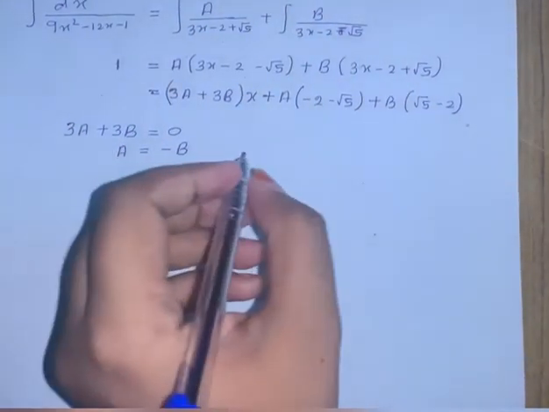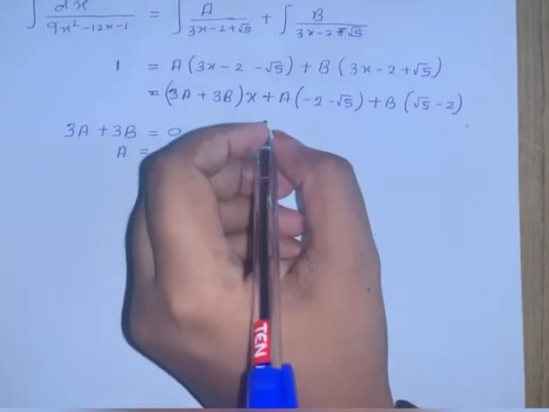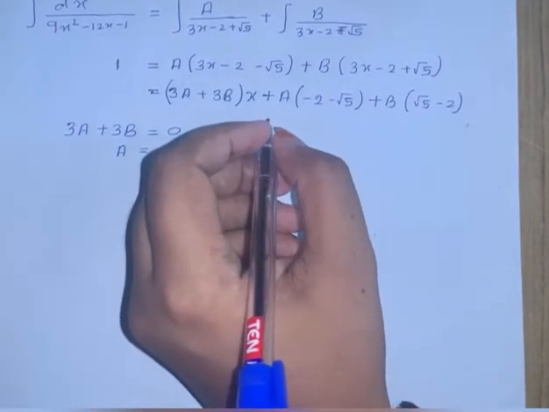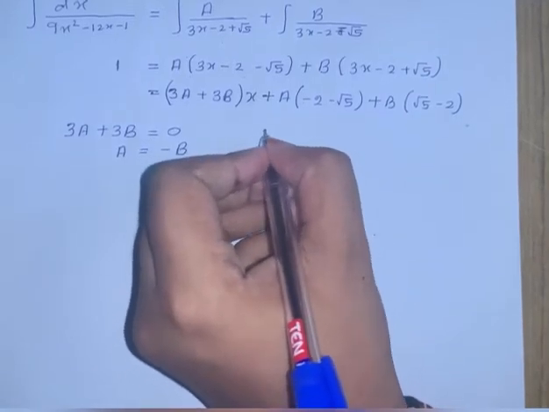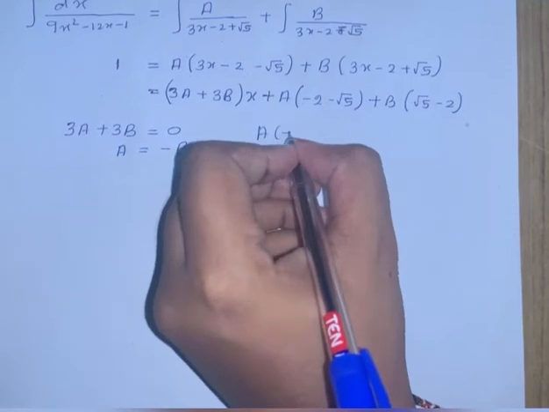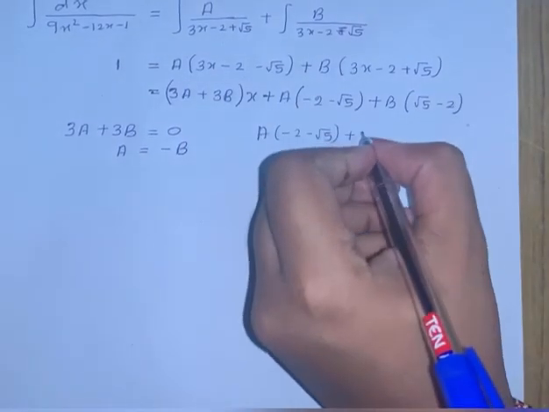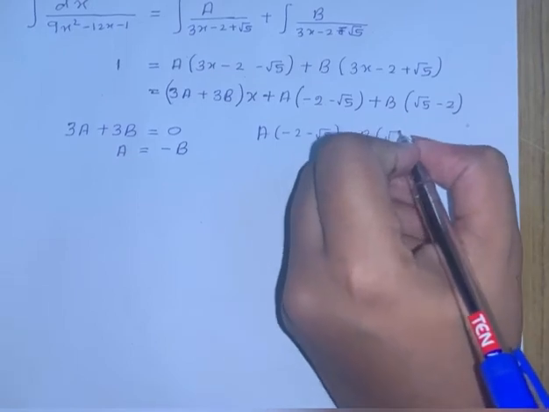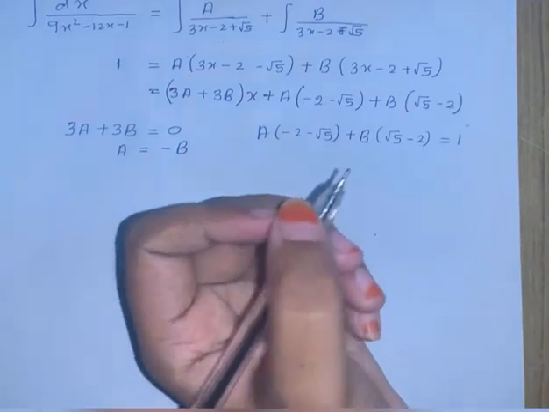I have to find the a and b. So we can write the next set. So a into minus 2 minus root 5 plus b into root 5 minus 2, that is equal to 1.